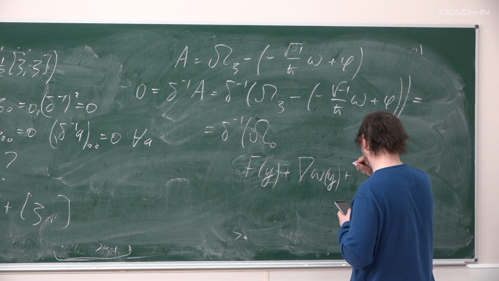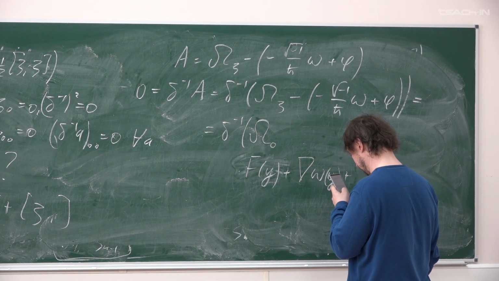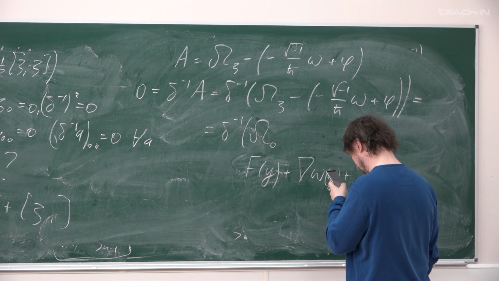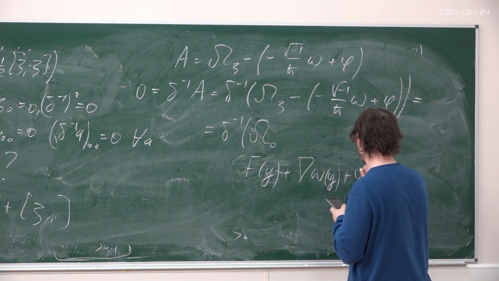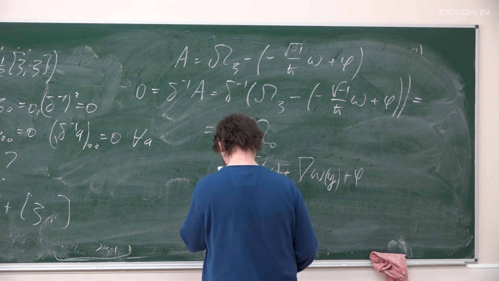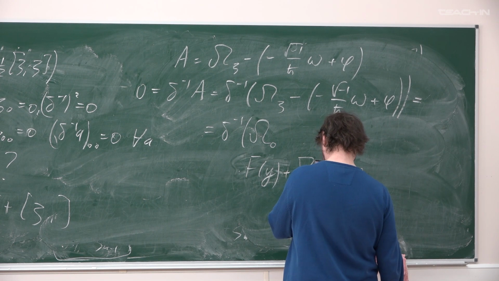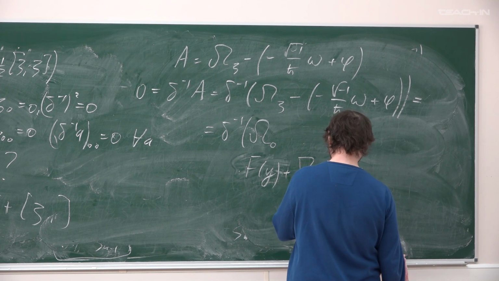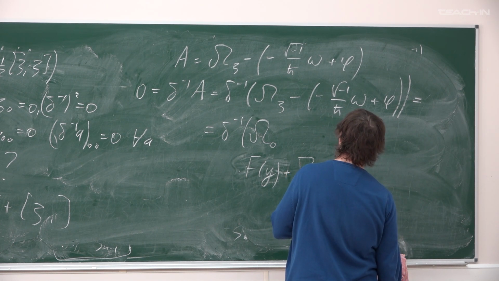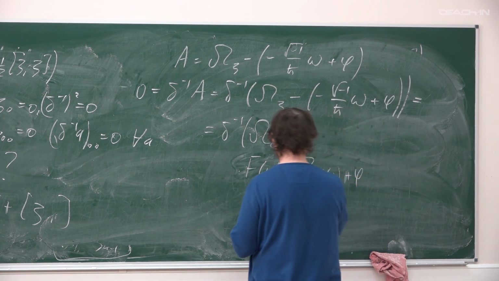There was some third term which I don't remember. It was something very simple. Can anybody remember this? Oh yeah, minus phi, just minus phi. Yeah, but I think it was not minus, but rather plus in any case. Okay.